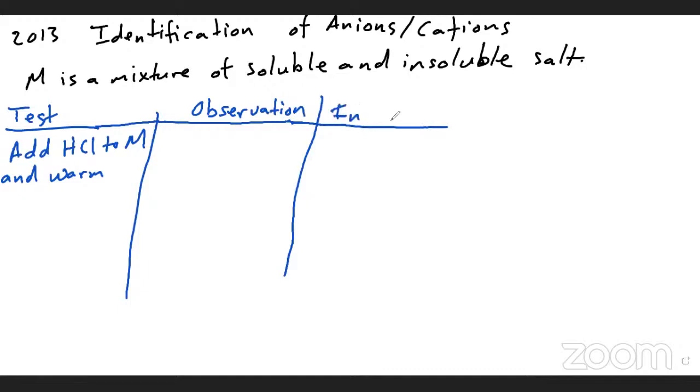All right, so they gave us this test and no observation is given, but the inference is that SO2 evolved. That means you need to know about SO2. Does anybody remember the hint for SO2?